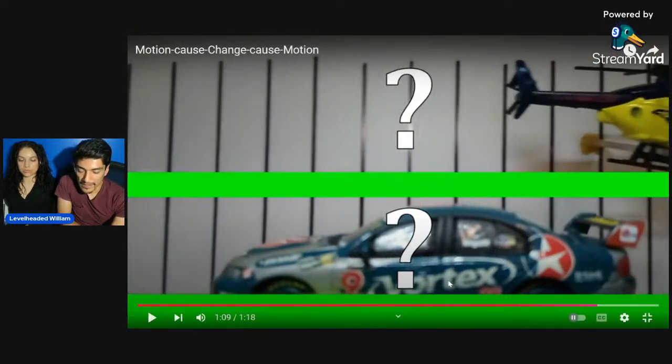When there's no accelerometers attached to the reference frame, we don't know what's moving. Visually, vision alone doesn't tell us anything when we're talking about motion and acceleration of different reference frames.